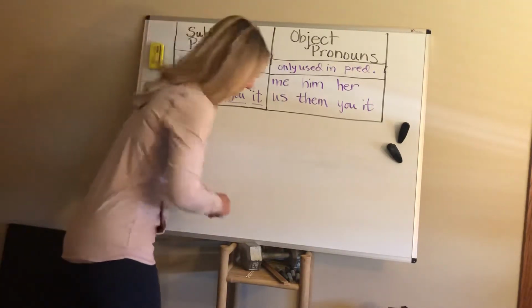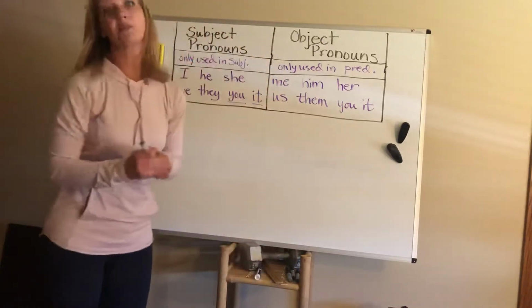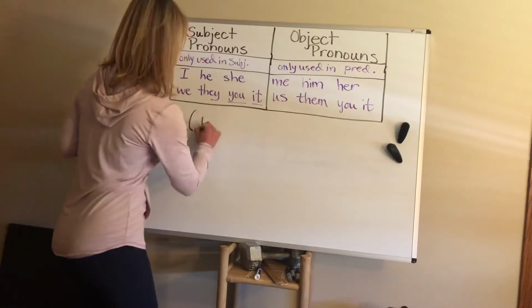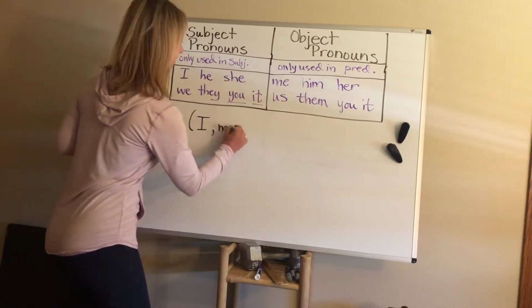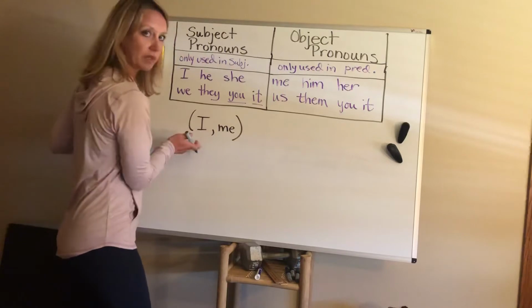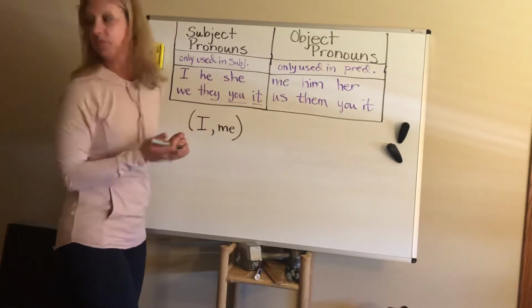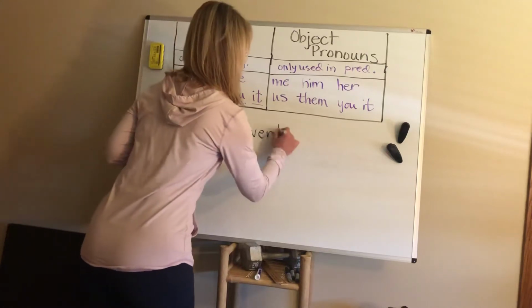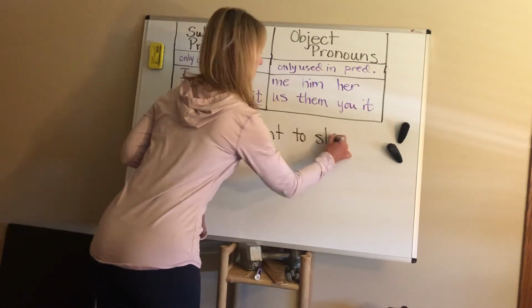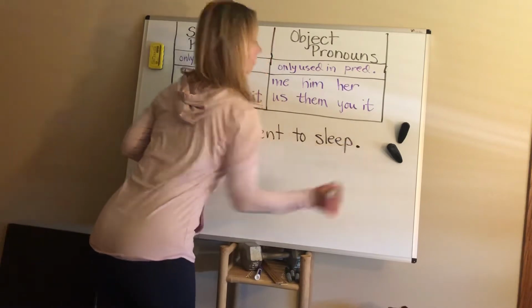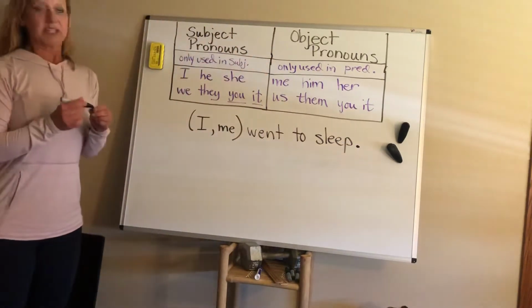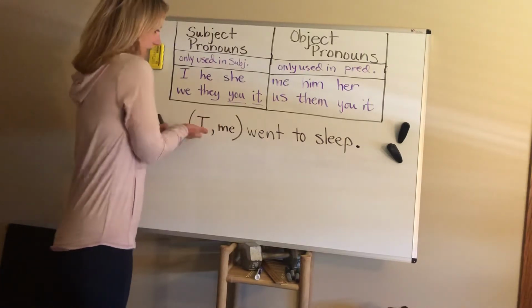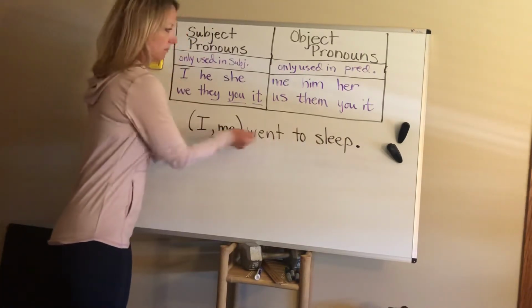All right, so I want to take this just a little step further and give you some examples. So I want to use some sentences. If I were to give you a sentence with a couple of choices, like choosing between I and me. You can see that I wrote a sentence here, and it's either I went to sleep or me went to sleep.